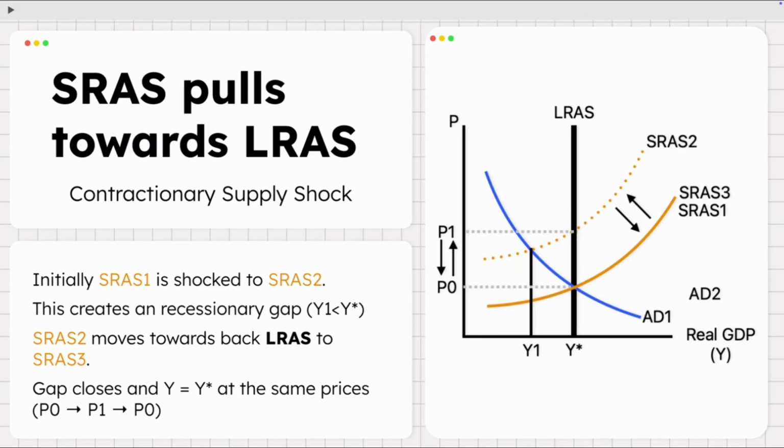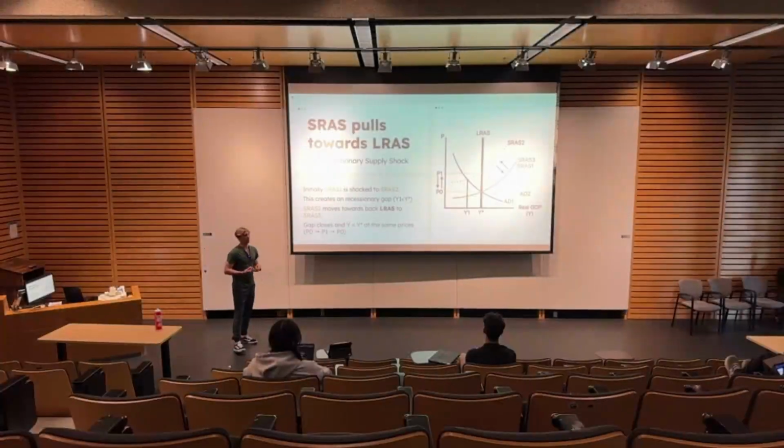And now because unemployment has gone up, people are more willing to accept lower paying jobs, which means that we'll be paying our employees less, which means it'll be cheaper for us to produce. And eventually that'll shift back to equilibrium point, to Y star. So because of those wage changes, because of the increase in unemployment, it'll slowly shift back to Y star, but that'll take a long time. And the reverse is true with a positive supply shock.